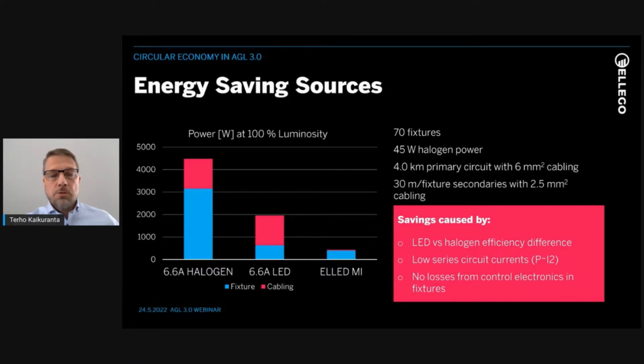So that's the main source of the energy saving principle here. LED illumination has the natural LED efficiency as such, which is good, of course, but then AGL 3.0 goes further by eliminating the cable losses as well.